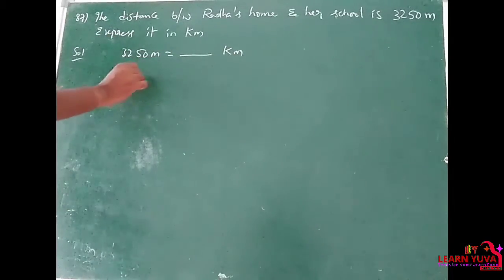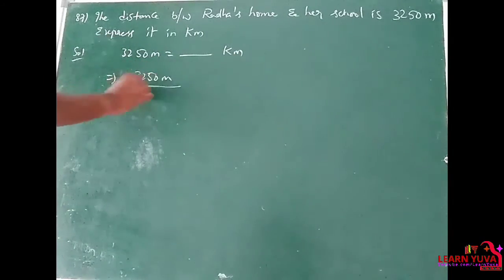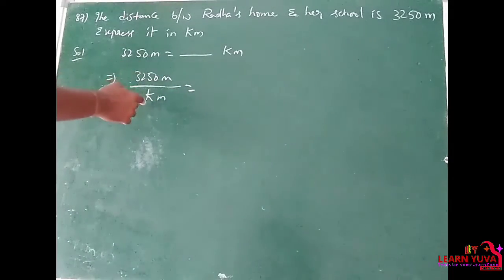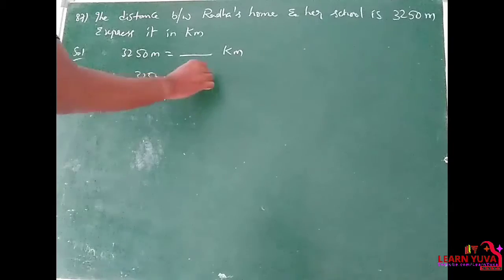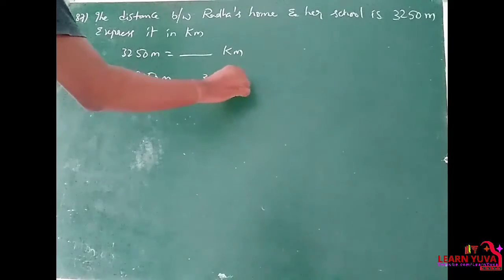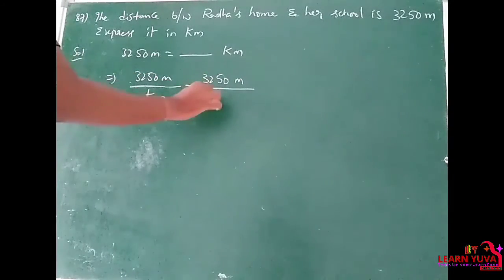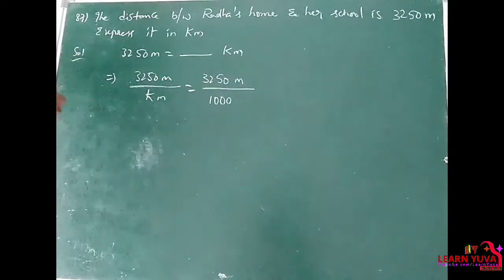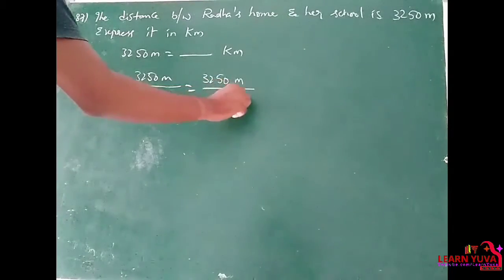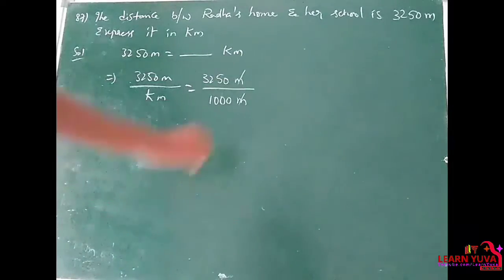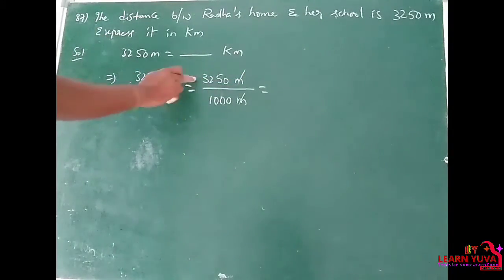That implies 3250 meters by kilometers. So 3250 meters by kilo. What is the value of kilo? 10 power 3. So it can be written as 1000 meters. Meter gets cancelled. So that is equal to 3250 divided by 1000.